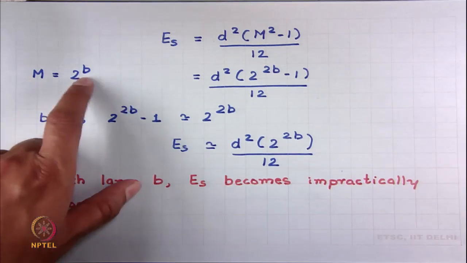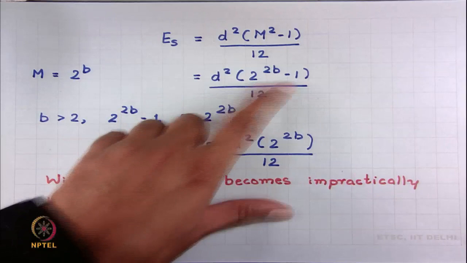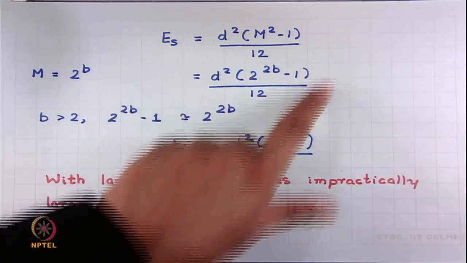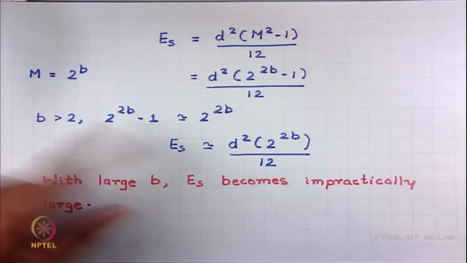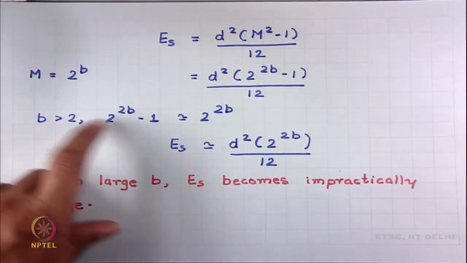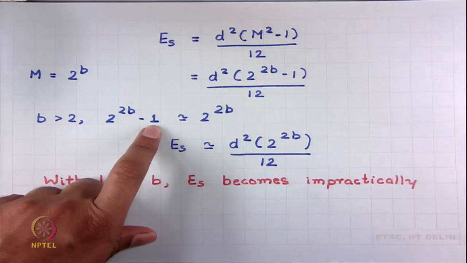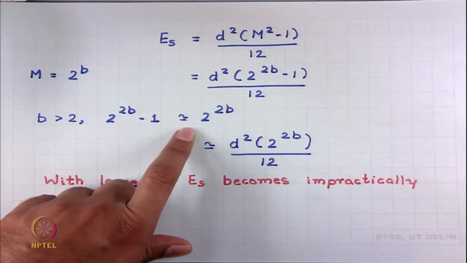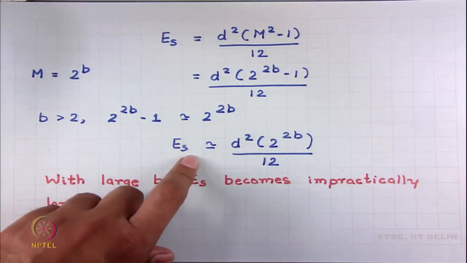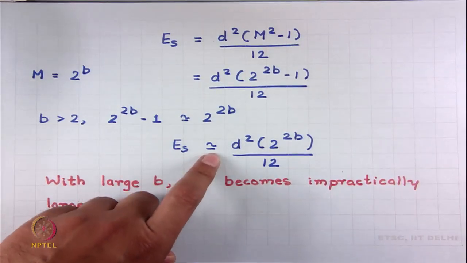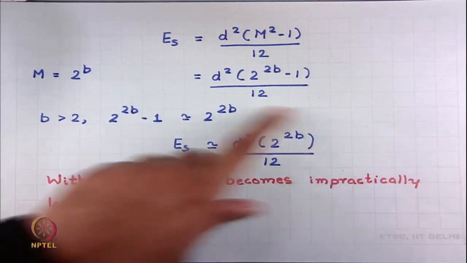So, m is 2 to the power b, substituting that in here we get average symbol energy by this expression. And if b is greater than 2, 2 to the power 2b minus 1 can be approximated as 2 to the power 2b, and thus I can approximate the average symbol energy by this thing.